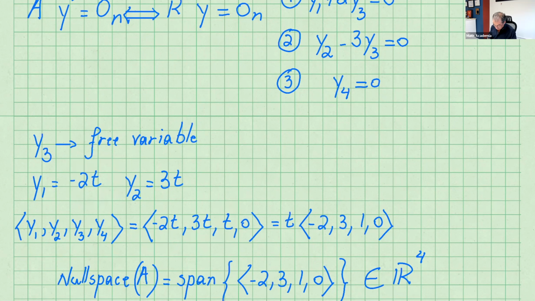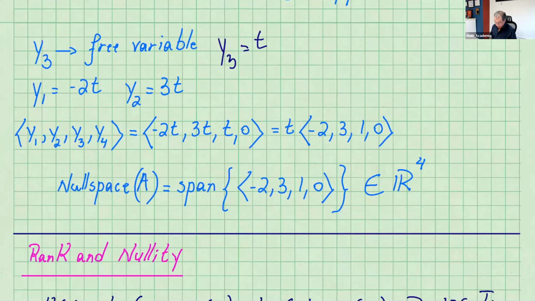And I can say y3 equals to t here. And just factor out t, and that's what you get. So that's the basis for the null space of the transpose, and that's in R4. So please notice those, it's important. So we only have one vector, so it's one dimensional.